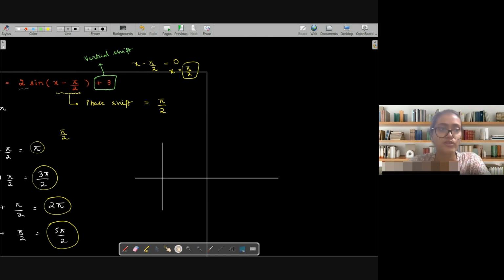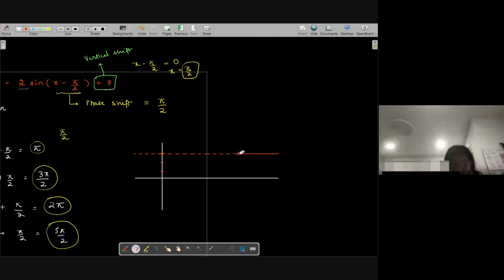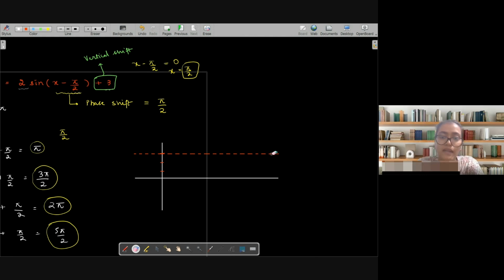So we will draw a new x-axis for our convenience: 1, 2, 3. This is the new x-axis, so you can draw it dotted. This is also called the midline. So the graph will be centered around this dotted line.